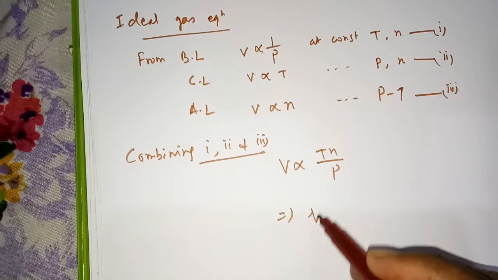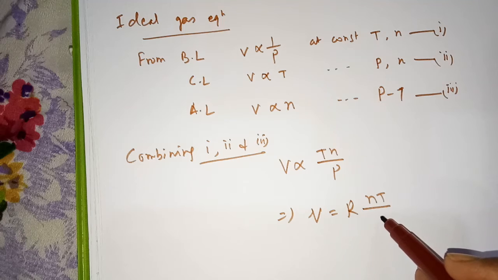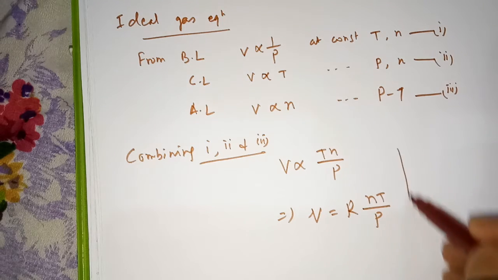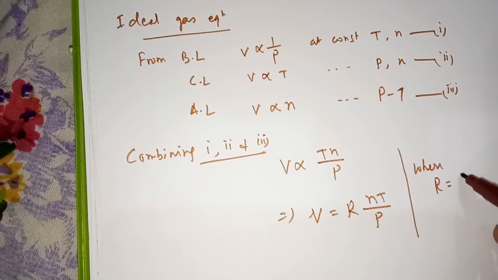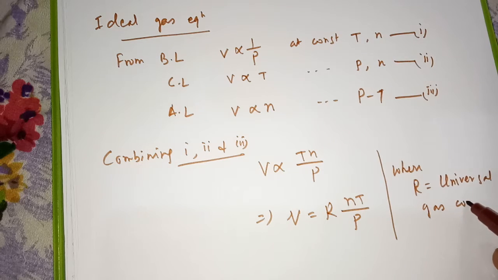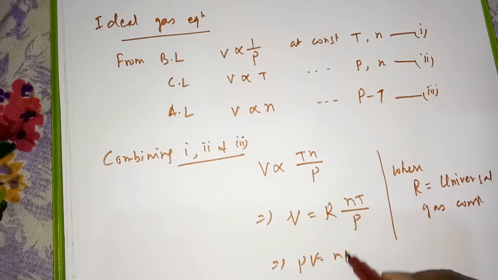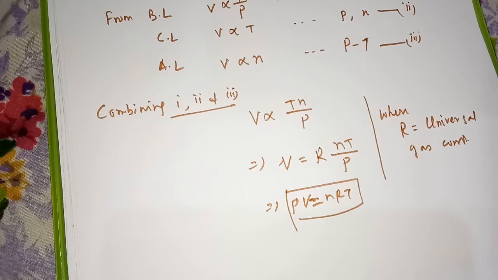So V equals R nT by P, where R is the universal gas constant, which implies PV equals nRT. So this equation you have to remember: PV equals nRT, where R is the universal gas constant.